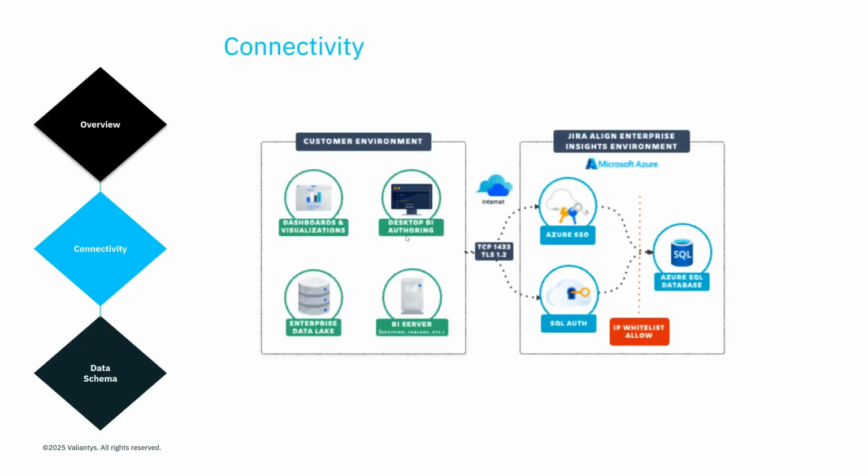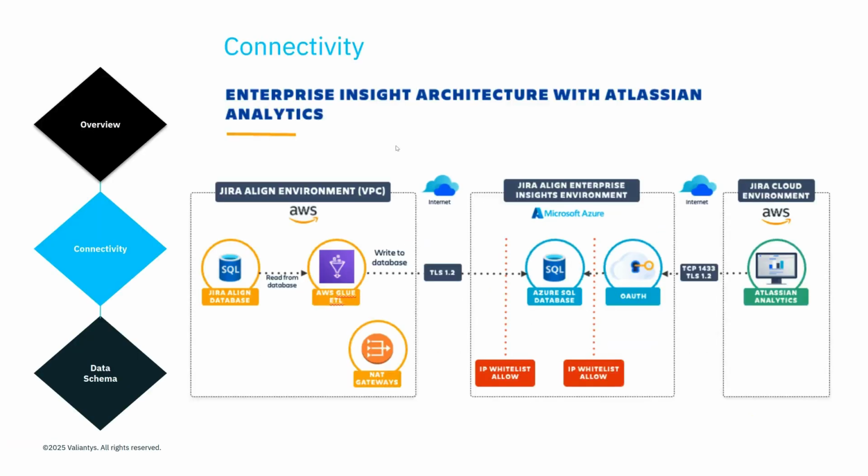Okay, let's go back to our slide. One other note is that Enterprise Insights can also be set up with connectivity if Jira Align is hosted via VPC or on-prem. And as can be noted here, you can also connect your Jira Align Enterprise Insights to Atlassian Analytics.